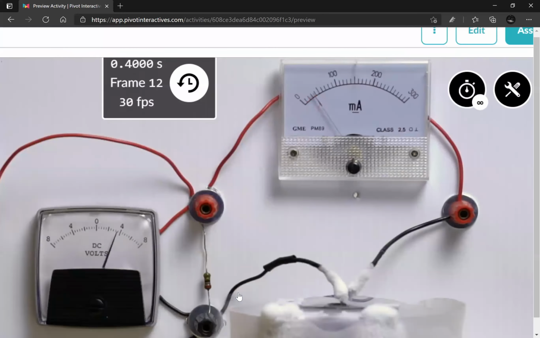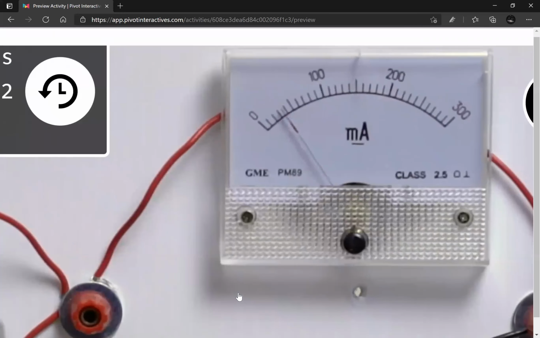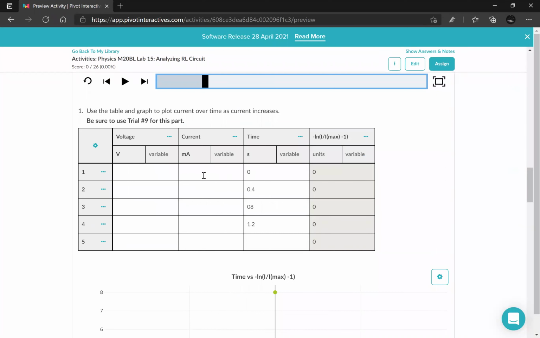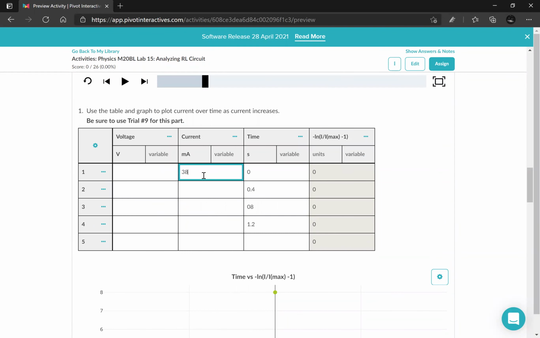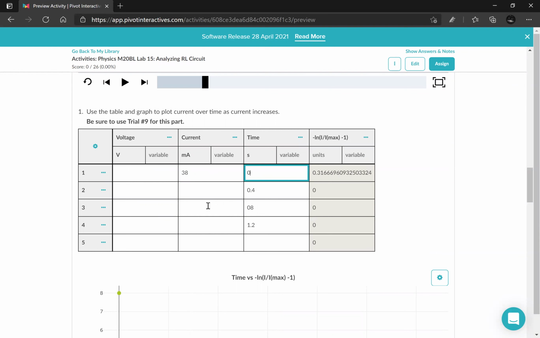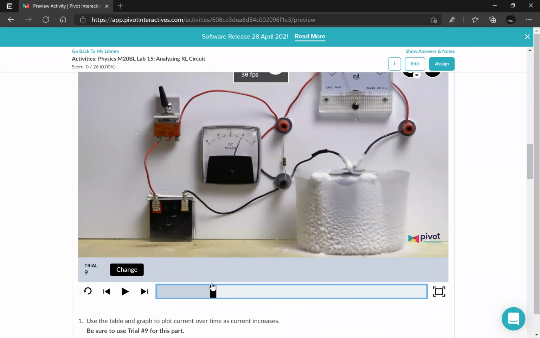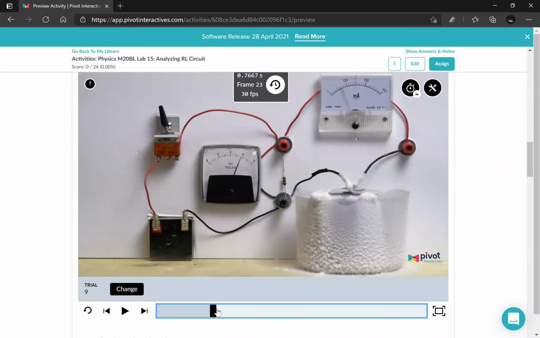So then the current, from here I have 10, 20, 30, about 38 or so milliamps. Let's say 38 milliamps. You press and you can see, already have a data point. Let's say next go to 0.8 in terms of the time.